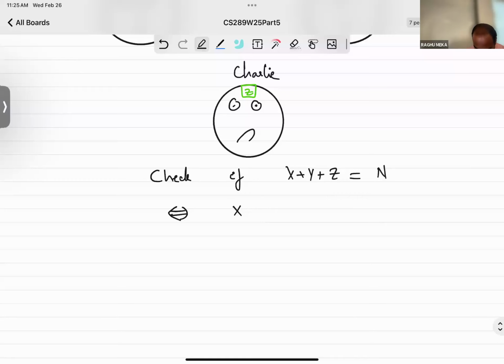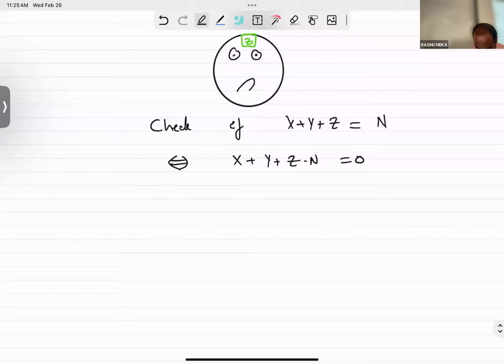Now the point is that this is true if and only if X plus Y plus Z minus N equals 0.